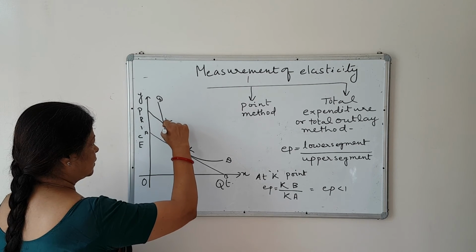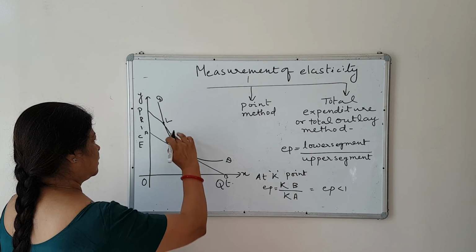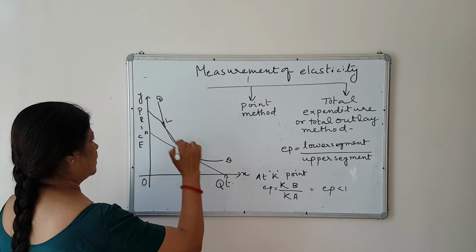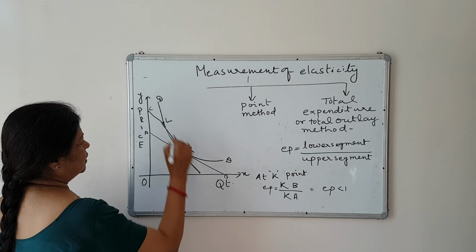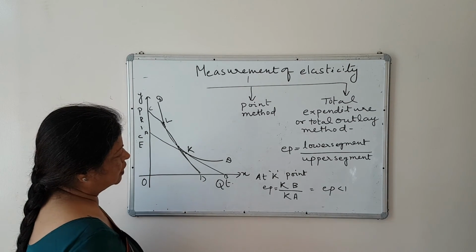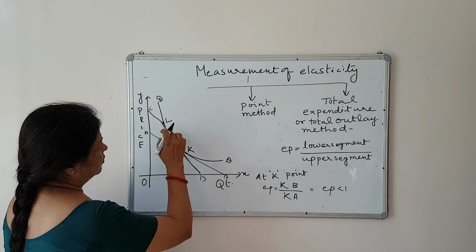You can take any other point, suppose it is L. Draw a tangent and name the tangent, suppose CD. If you draw it properly with the help of a scale, it will come out correct.